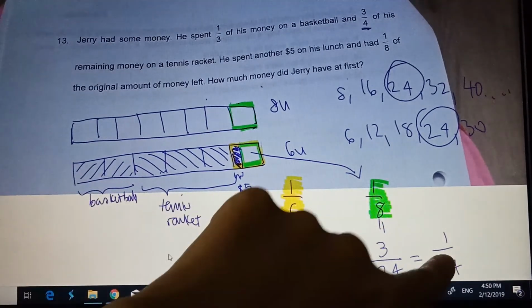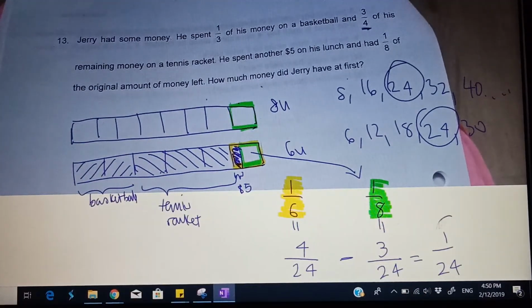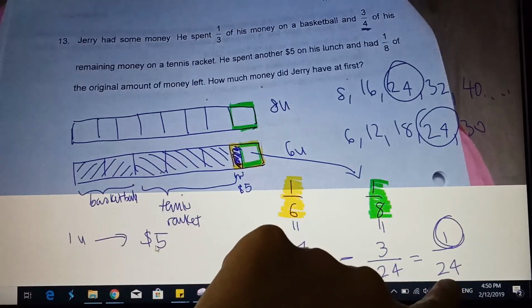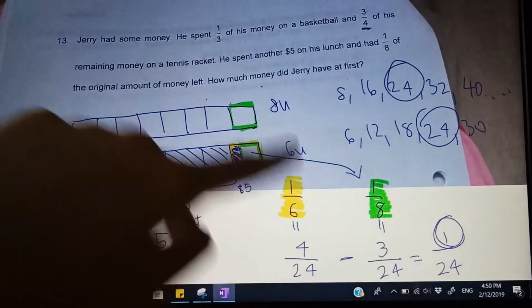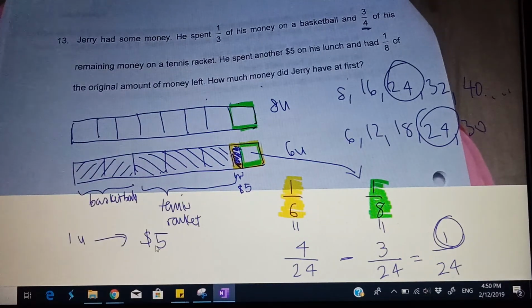So 1 unit, look at the numerator, 1 unit represents $5. Then the denominator represents the total number of units for Jerry at first. So how much money did Jerry have at first? Look at the denominator. 24 units equals to how much?